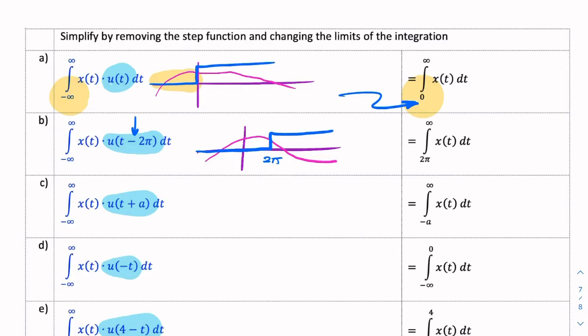So everything before t equals 2 pi is multiplied by 0, so we needn't include it in the integration. So the effect is replacing this lower limit with 2 pi. And now we no longer need to mention the unit step because it's simply 1.